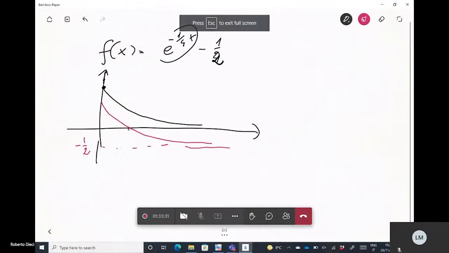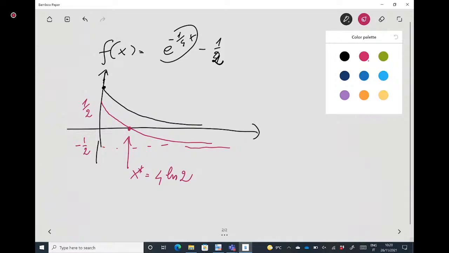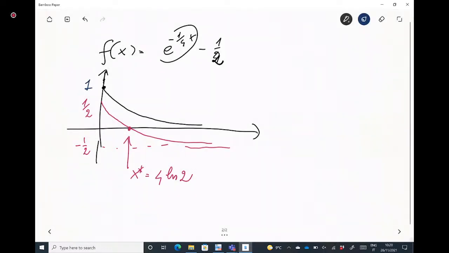And this one will be x star equal to 4 log of 2. It starts from 1/2, while this one starts from 1, right? But ours is the red one.